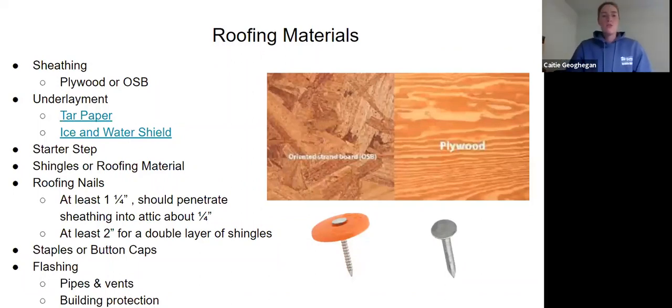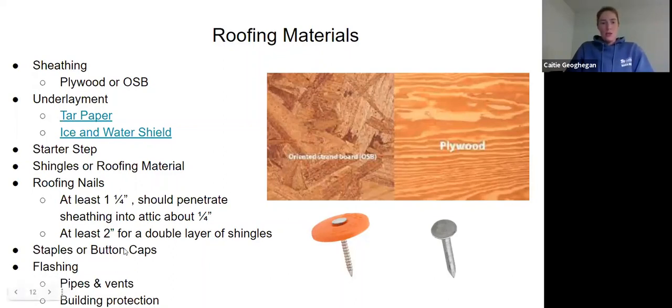And then in terms of the length of your roofing nails, no shorter than 1.25 inches. And this should be penetrating into the sheathing. So we should be able to see the nails poking through in our attic, but we don't want it poking through like 3 inches. That's excessive.